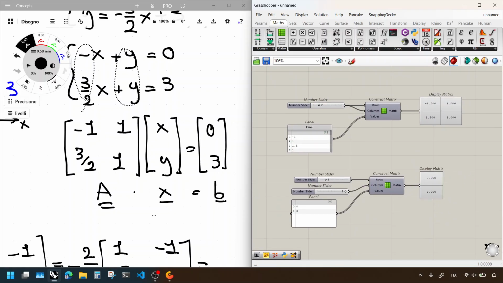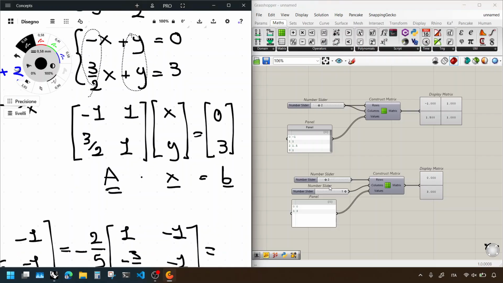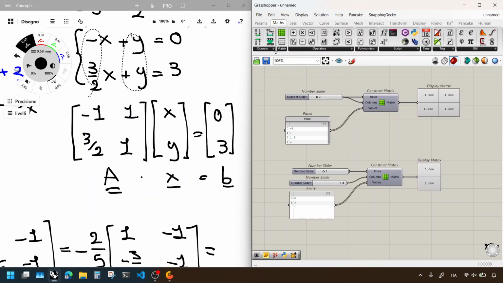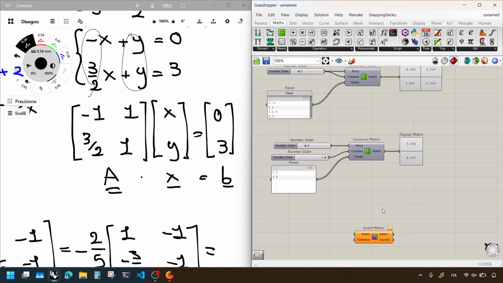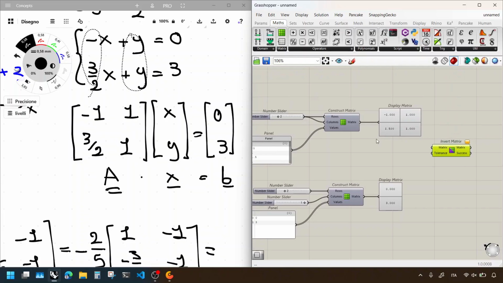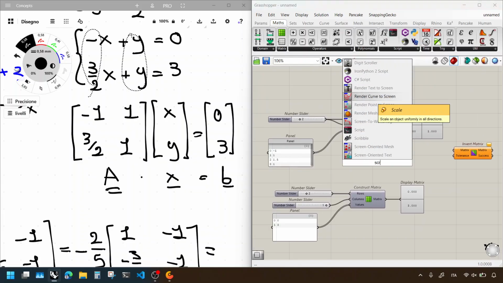So can we now solve the same system in Grasshopper? Well, yes, we can. We have this invert matrix component. So here we have invert, and we want to invert matrix A. Let's write some notations so it's easier for you to understand.